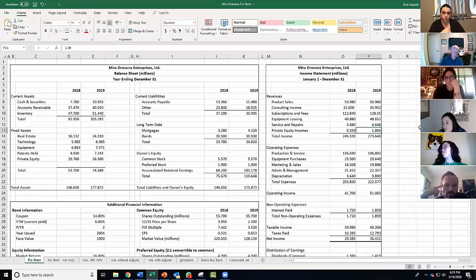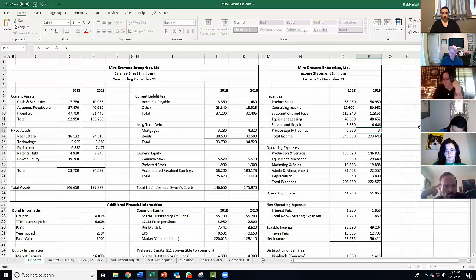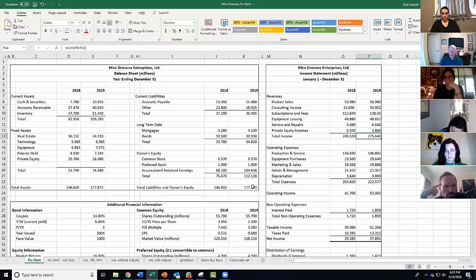I just don't want to do that much manipulation of the spreadsheet while we're here today. But I've got to find a way to include that $2 million of enhanced value on the income statement. So I'm going to put this into one of my revenue lines, and we'll go ahead and put it in here at 3.86. And you'll notice that all of a sudden, I'm almost in balance.